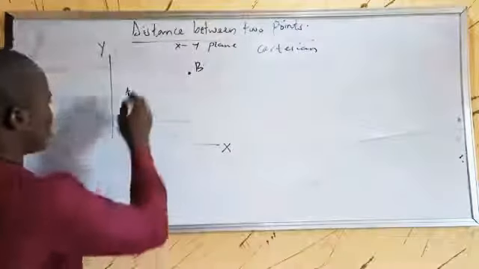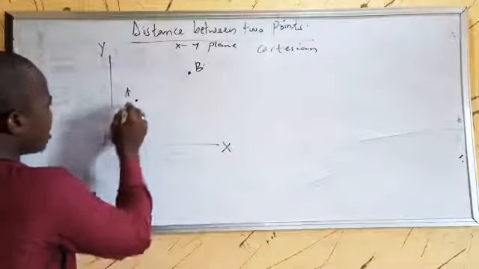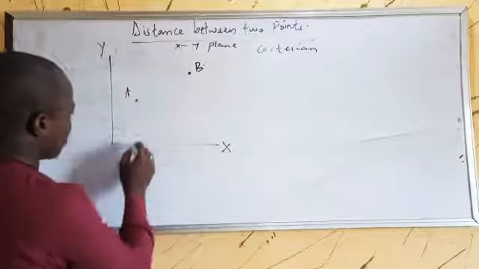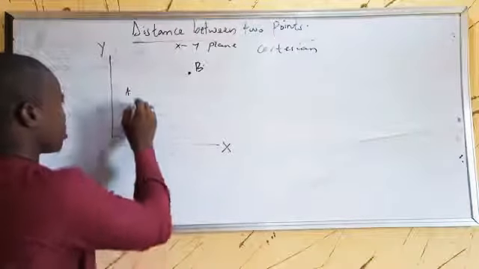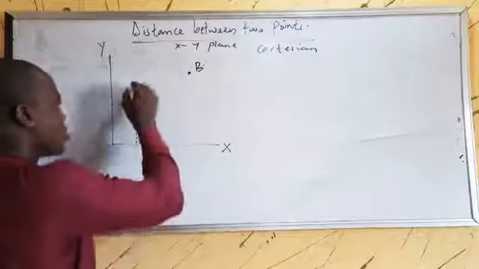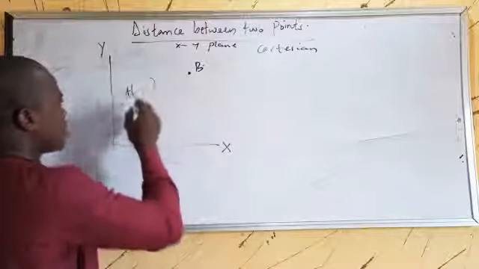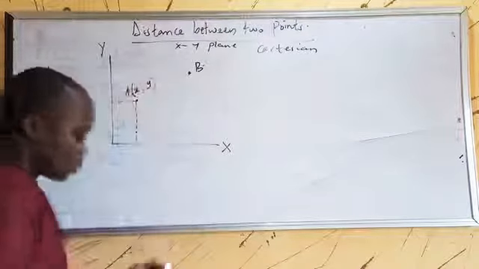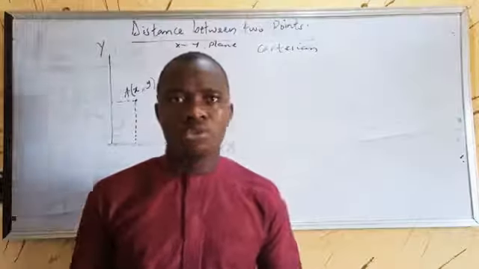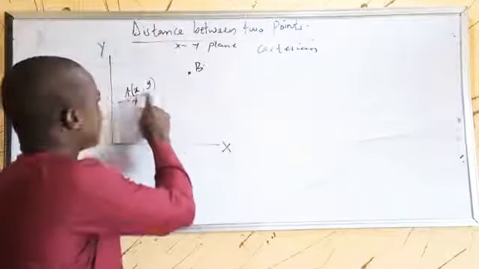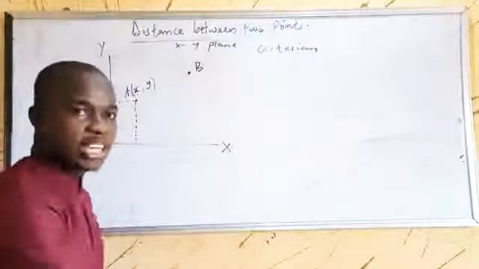So what I'm trying to say here is that these points come from this value on X and this value on Y. Are you getting it now? So from here, this is X and this is Y. In an ordered pair, we put the value of X first and the value of Y next.